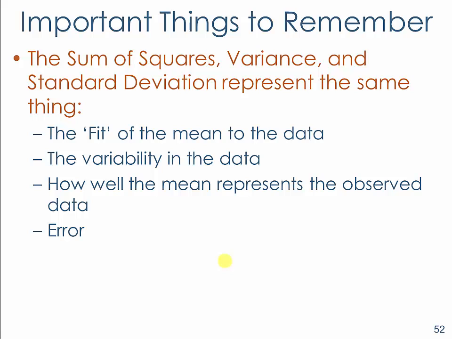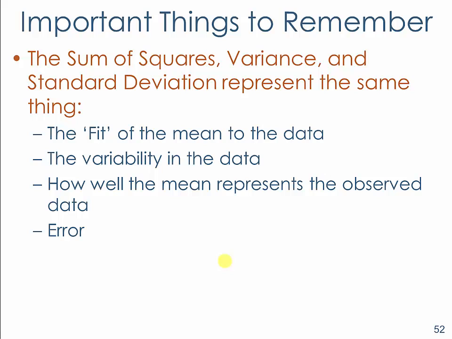All of those items, like the variance and standard deviation, also provide us the variability in the data, and we saw that particularly with the standard deviation, how spread out it is and how variable it is. So it also shows us how well the mean represents the observed data, and it provides us an insight into the error.